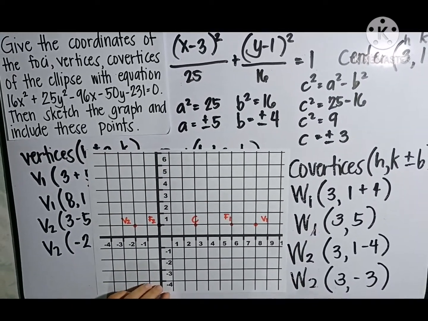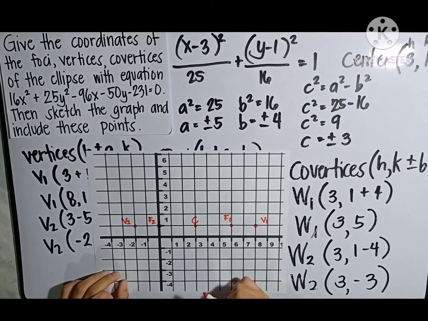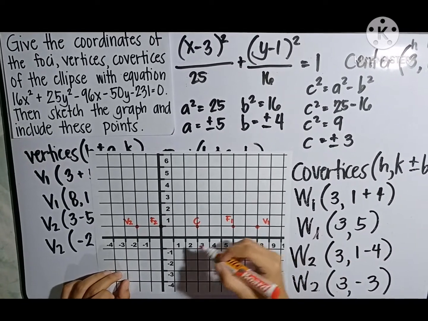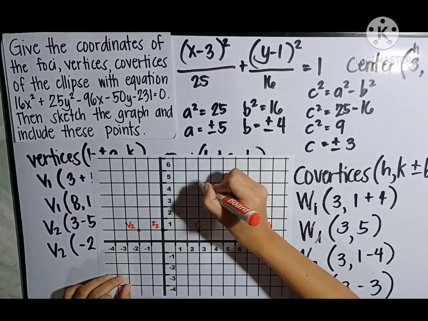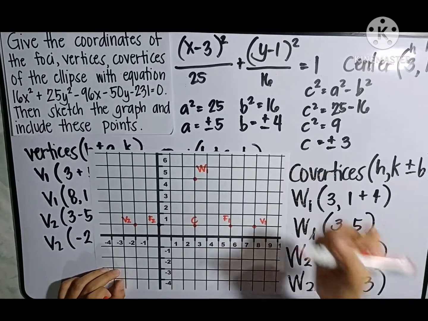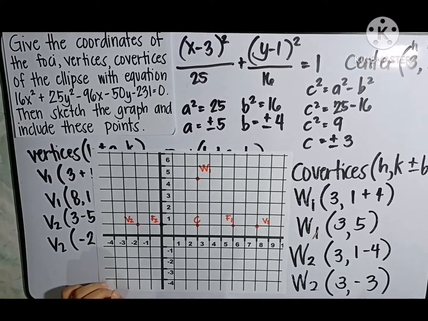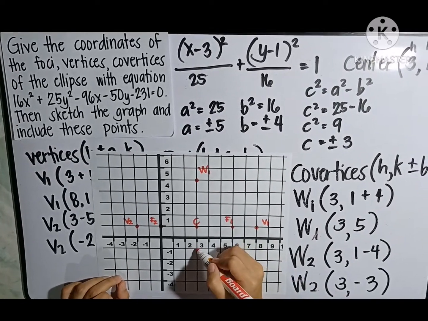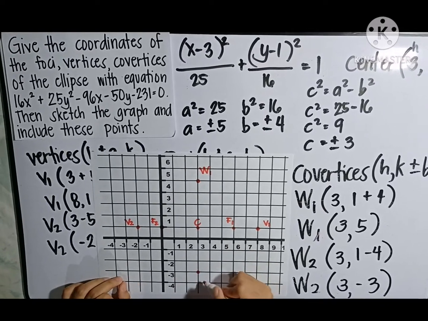The last thing is our co-vertices. Our first co-vertex is at 3, 5. 3, 1, 2, 3, 4, 5. So our first co-vertex, and our second co-vertex is at 3, negative 3. 3, 1, 2, 3. 3, negative 3.